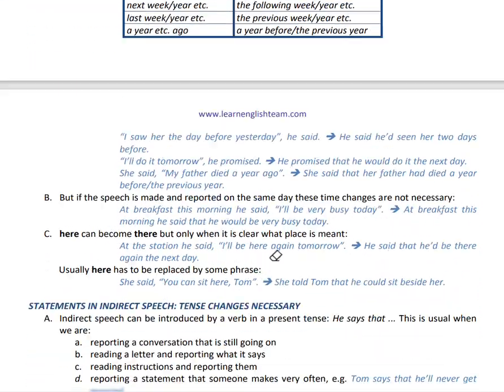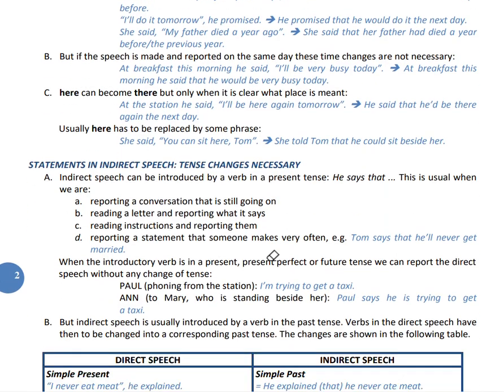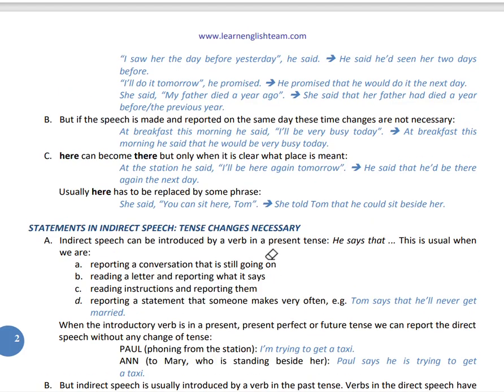Great. Let's look at some examples, okay? "I saw her the day before yesterday," he said. He said he had seen her 2 days before. Great.